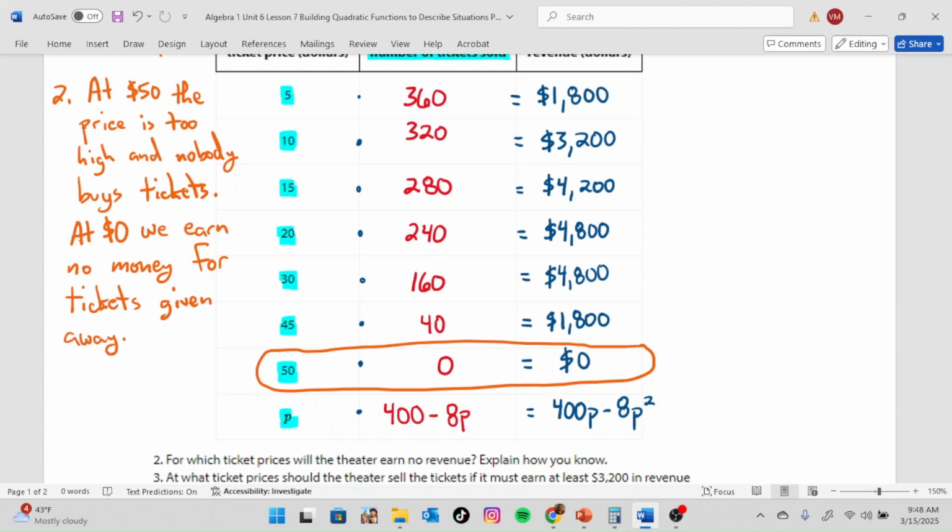So if I'm going to multiply and I'm going to end up with 0 as an answer, then one of the numbers that I'm multiplying has to be 0. So in the context of this problem, either the ticket price has to be 0 or the number of tickets sold has to be 0.